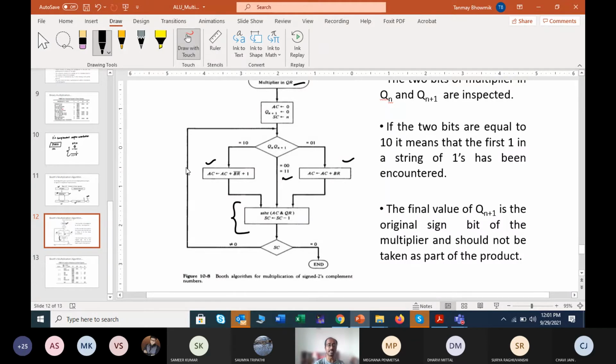The rest of the things are equal. Whenever you find that your sequence counter is 0, you end your operation. If your sequence counter is not 0, you go back to that particular position and again repeat checking Qn and Qn plus 1, right?